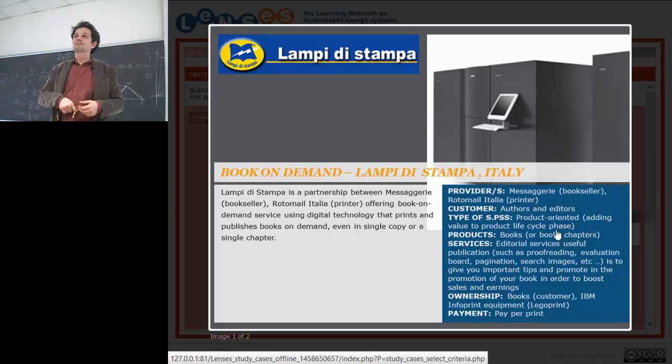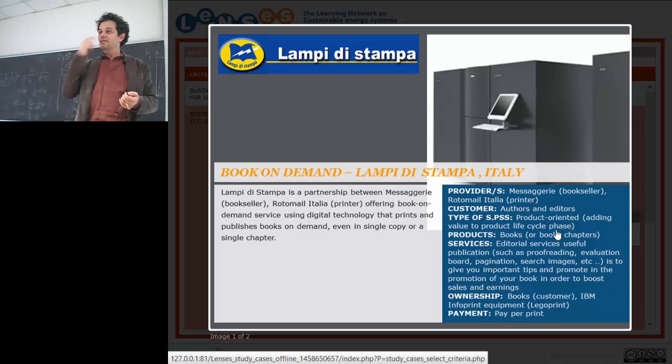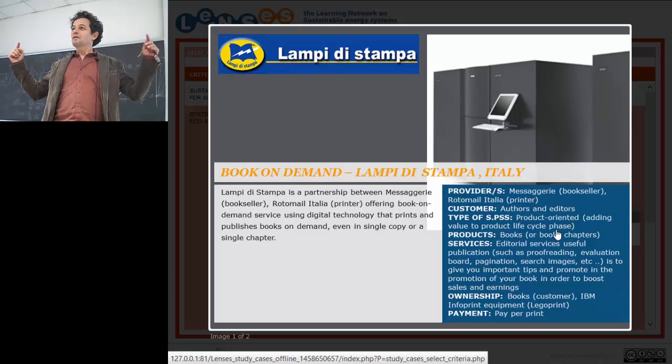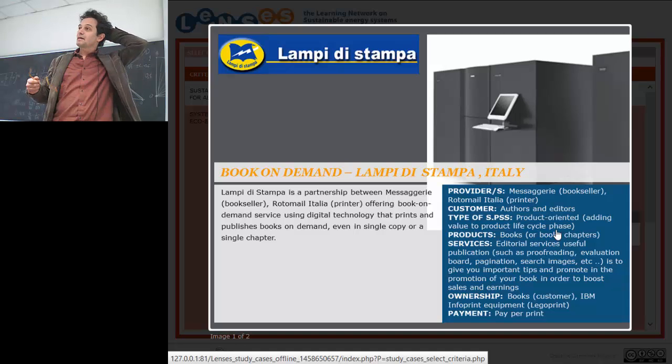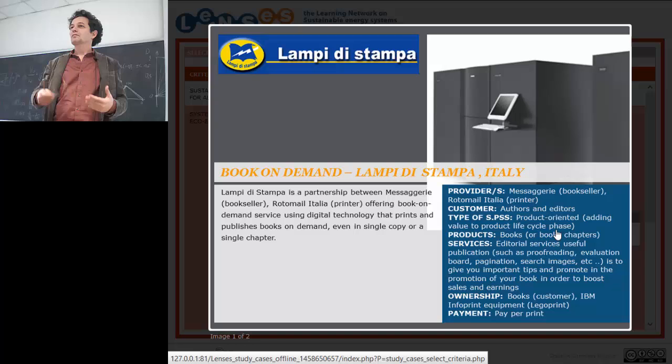Of course, you avoid lots of transportation. Think about when you have to print the book in some other places and transport all the books everywhere. You have transportation that is really reduced. Even in the traditional offset print, you have plates.